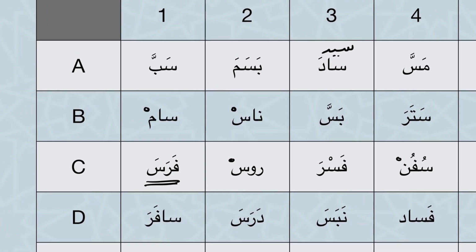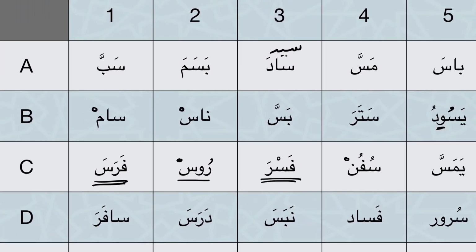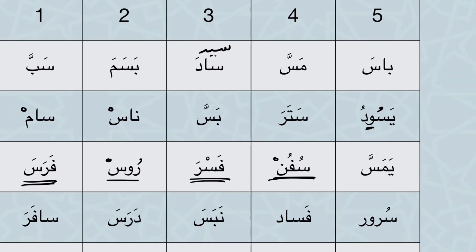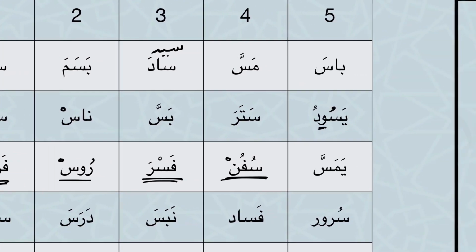Faras. Okay, perfect. Rus, because the ra has no haraka, but there's a waw, so we assume it's a long vowel waw or oo sound, so it's Rus. And again, Fasra. Perfect. Sufwan. Perfect. Very good, Ahmed.